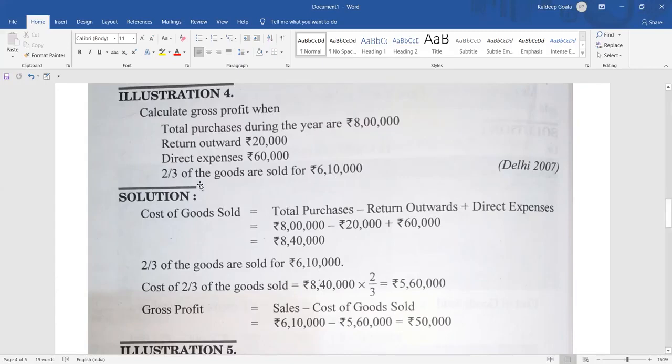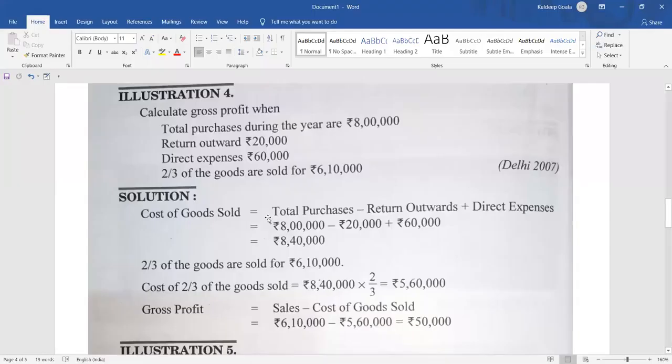Now here you can see that no closing stock has been given in this question. Clear? So first of all we have to find out the cost of goods sold. Remember that only the information of 2/3 of the goods has been given, so we'll find out the gross profit on only 2/3 of the goods.